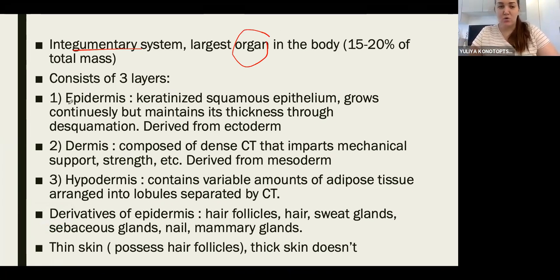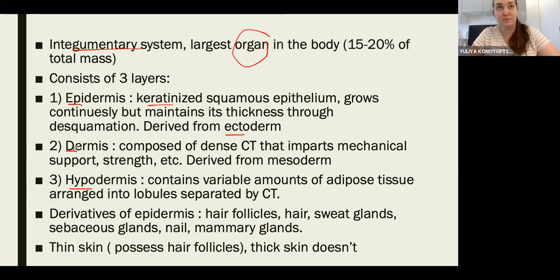3 layers, everybody knows: epidermis, dermis, hypodermis. Epidermis is keratinized epithelium. It is facing outside, so it has to be derived from ectoderm. Dermis is just a bunch of dense connective tissue responsible for support and strength. It has to come from the mesoderm because it is in the middle.